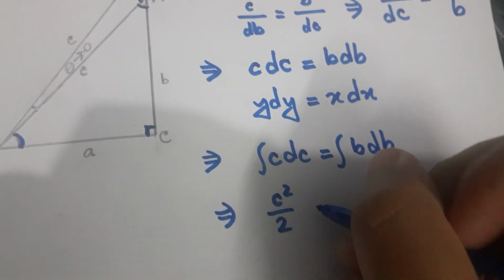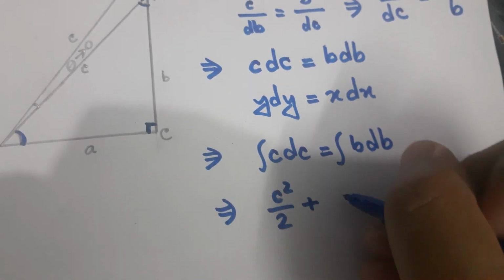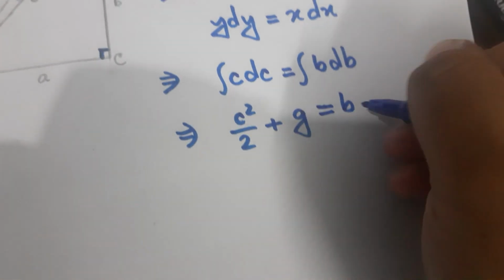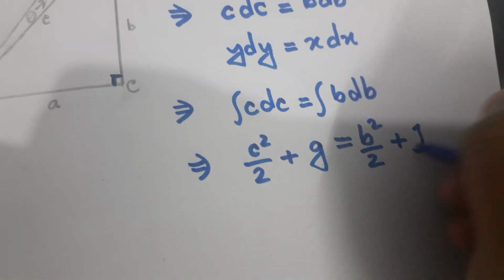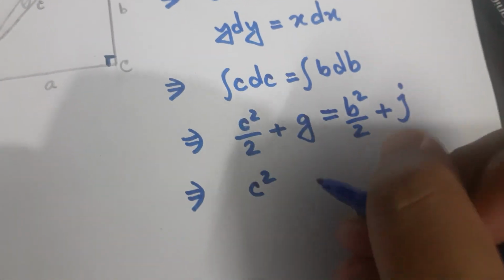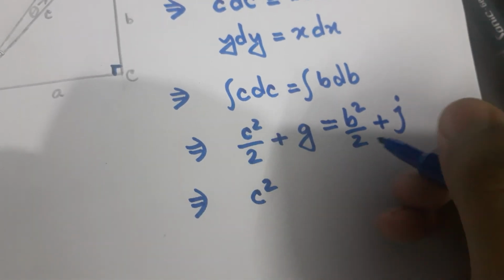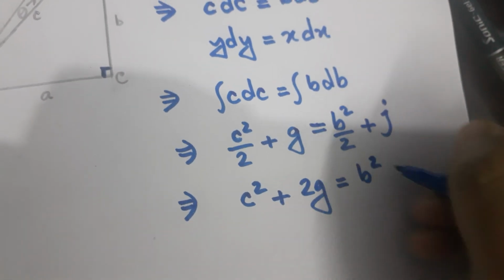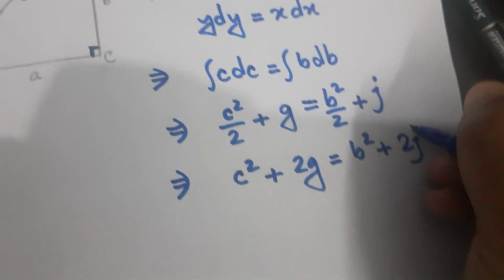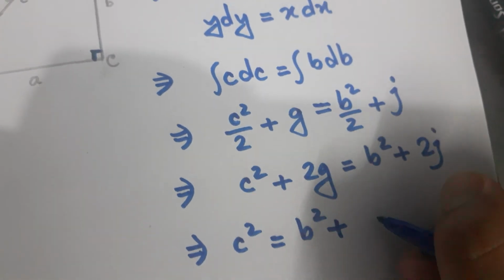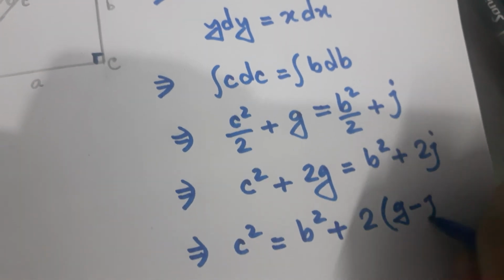That leaves us with c square by 2 plus some constant z equals b square by 2 plus some constant z. If we multiply the whole thing by 2, we get a difference of constants, z minus z, times 2.